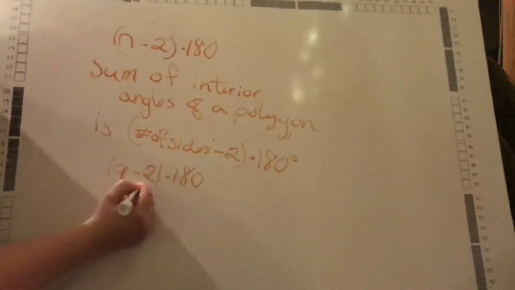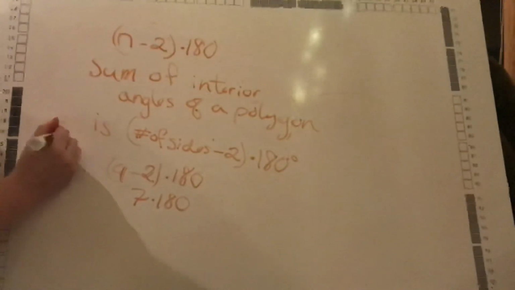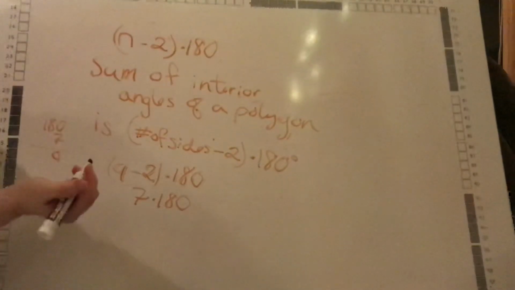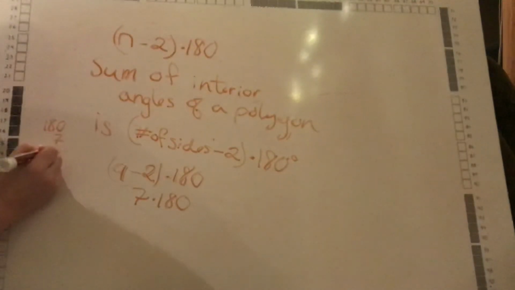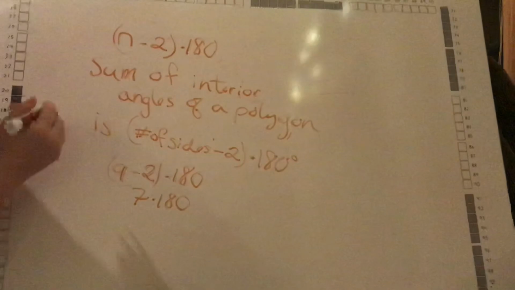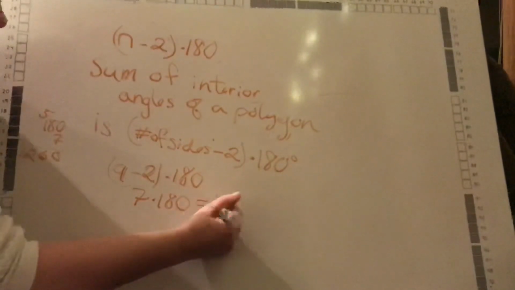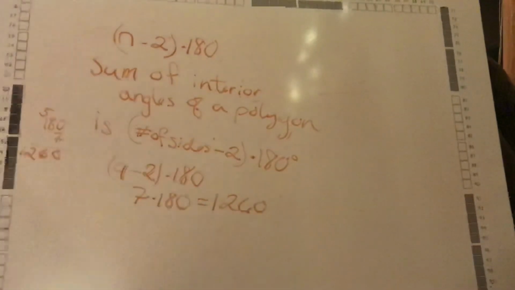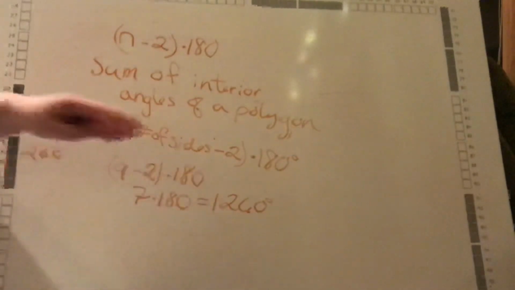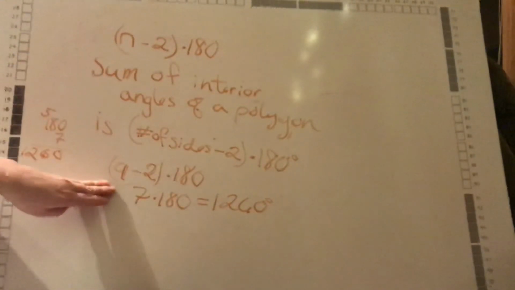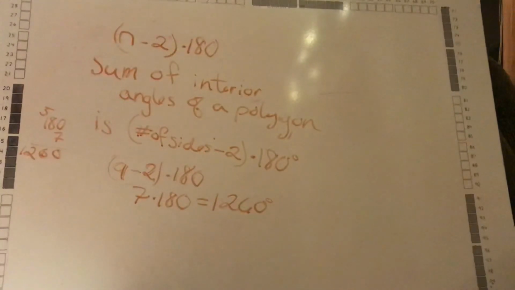So what's 9 minus 2? 7 times 180 is 1,260 degrees. And then you can use that to figure out the unknown angles in your 9-sided polygon.